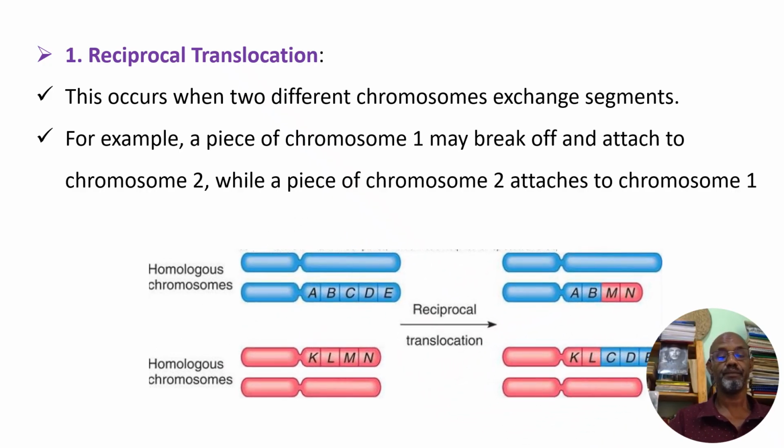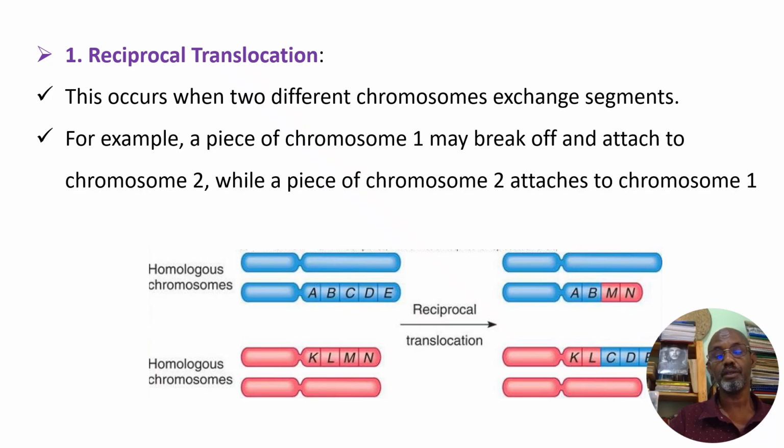You can see here this diagram tells you these two chromosomes are not homologous chromosomes. Now this one breaks from this portion and gives it to this one with the genes CDE, and this one breaks off MN and gives the two genes.